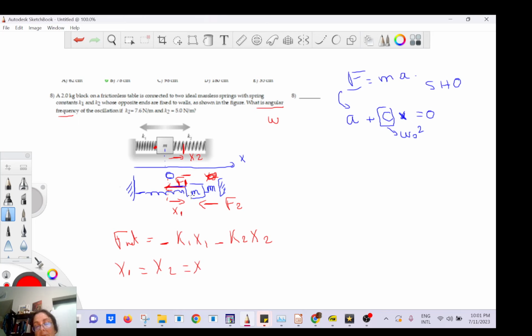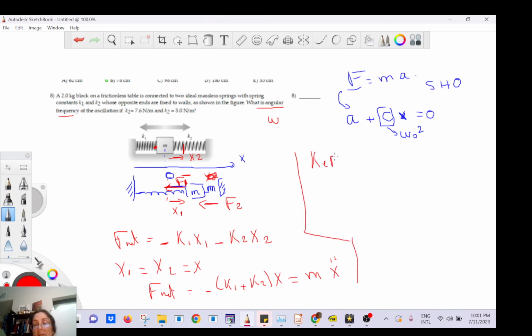They have to. So the net force F net equals minus (K1 plus K2) times X equals mass times the acceleration, which is x double dot. So then you can see that everything happens as if you have a spring constant of K1 plus K2.